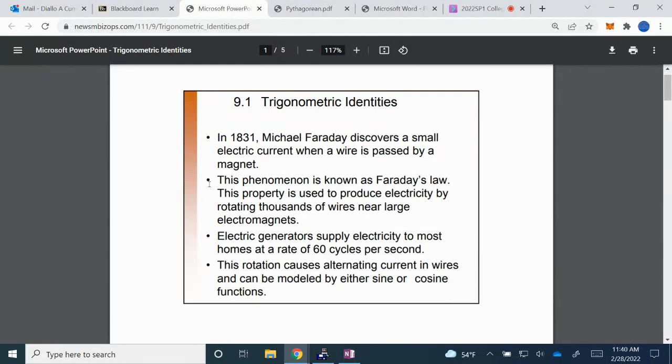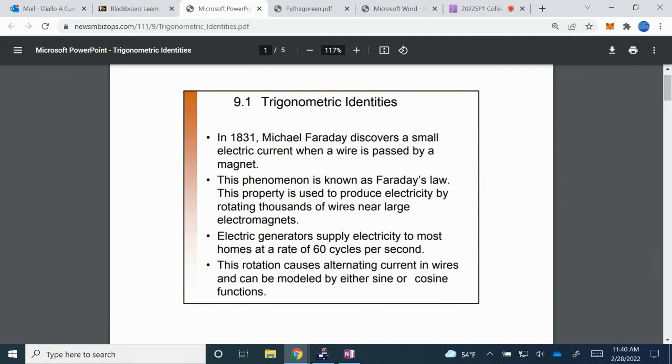It says that in 1831, Michael Faraday discovered a small electric current when a wire passed by a magnet. This phenomenon is known as Faraday's law. We don't really do anything with Faraday's law in this course. It's just to explain where the trig identities stem from in a practical application.